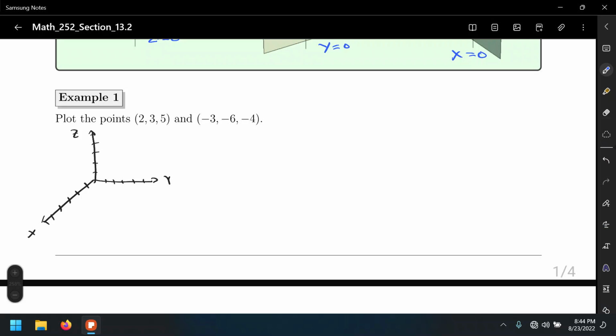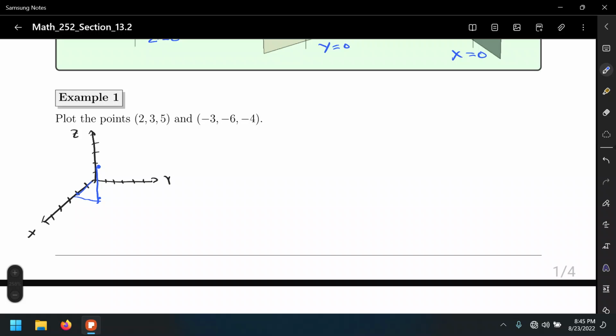So 1, 2. From here, we need to move 3 units in the y direction. 1, 2, 3. But we need to keep the perspective with respect to the x-axis. Like this. Then from here, I'm going to go 5 units up. But I need the perspective with respect to the z-axis, which is kind of weird. So I go 1, 2, 3, 4, 5, and I think it's going to go here. So 2, 3, and 5.